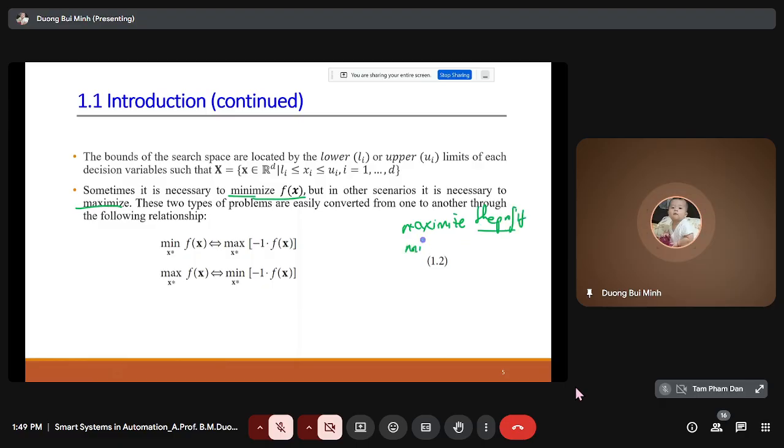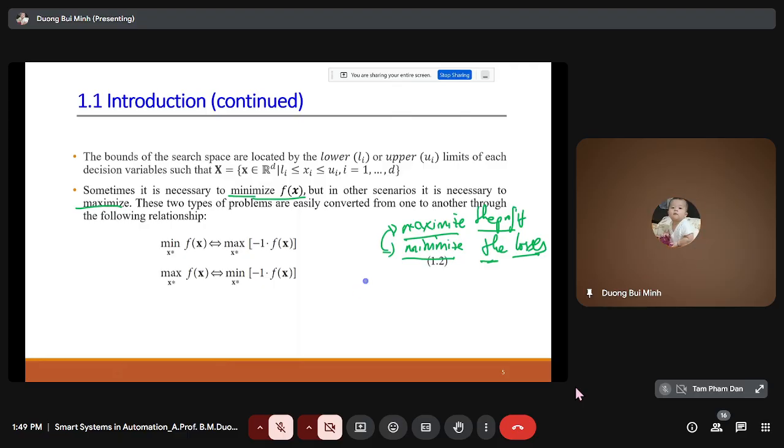You need to minimize the loss, such as power loss or voltage loss. If we have a negative issue, you need to minimize; if you have a positive issue, you need to maximize. But you can convert maximize to minimize or vice versa.